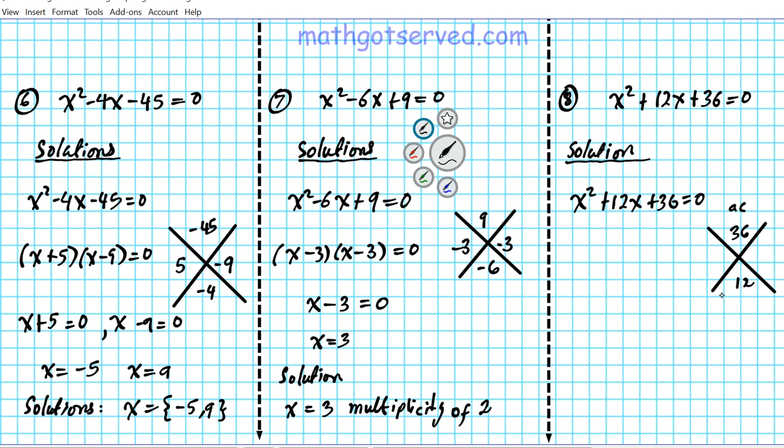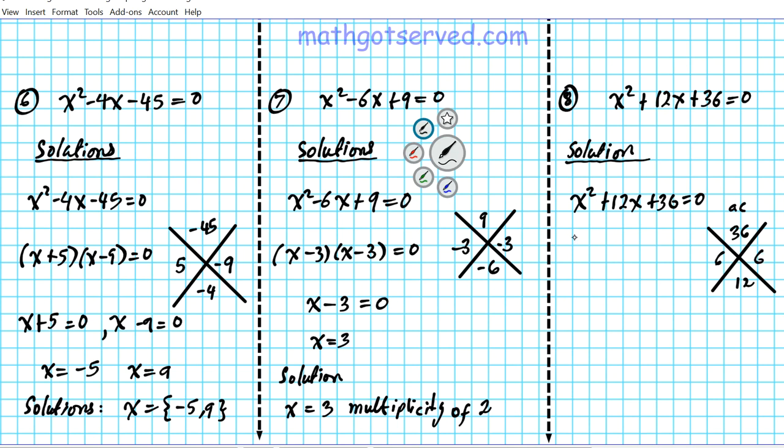So what works here? 1 times 36 doesn't yield 12. 2 times 18, no, that's 20 or 16. 3 times 12 is 36. Can I get 12 from that? From 3 times 12, no. How about 4 times 9 is 13 or 5, no. And then we have 6 times 6 is exactly what we need.